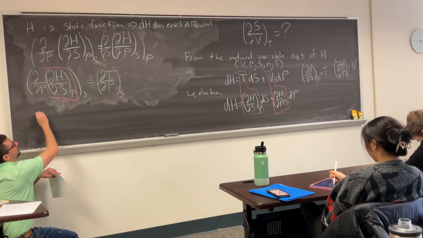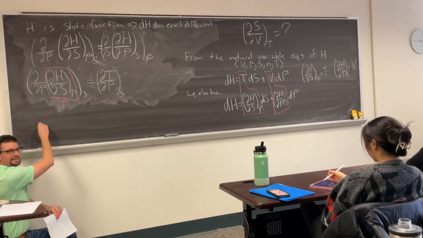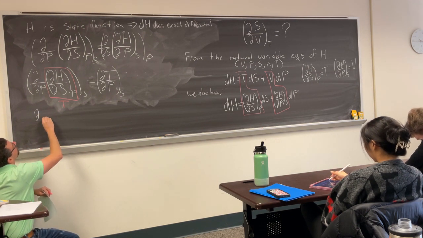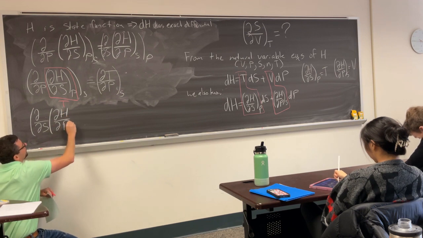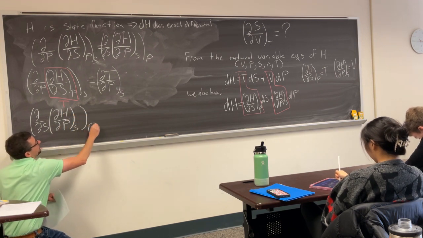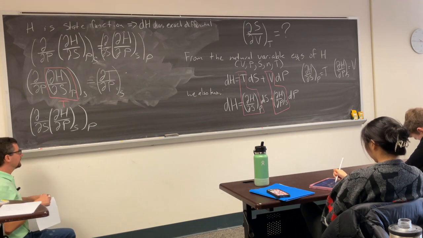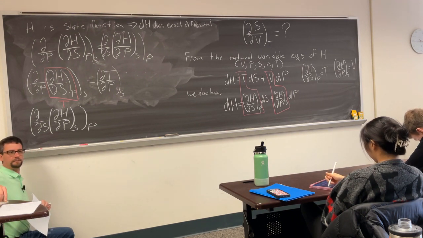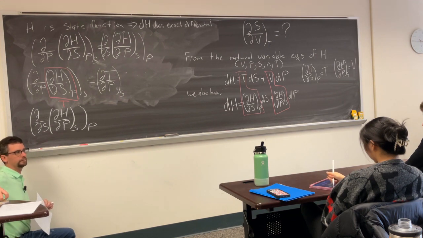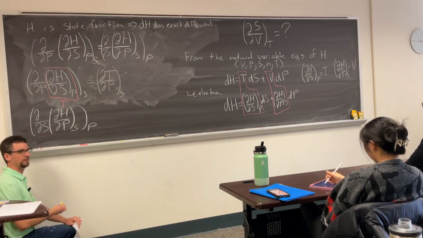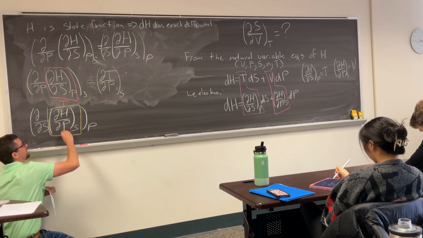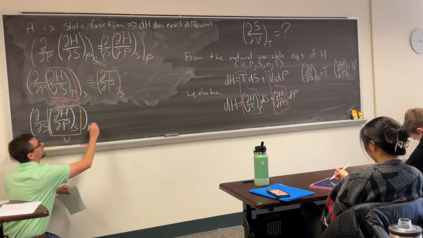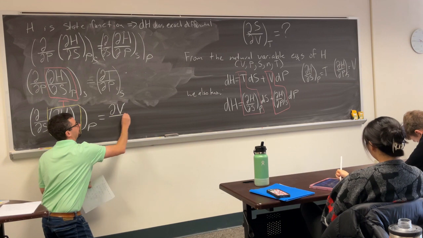Okay, we can look at the other one. If I do it down here, can people see it? Yeah. Partial S, pressure. Is that one easier to solve? Or what would you suggest to do to make it easier to solve? Yep, this is volume, so we'll substitute that in.